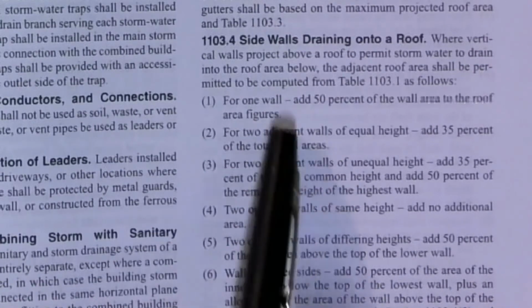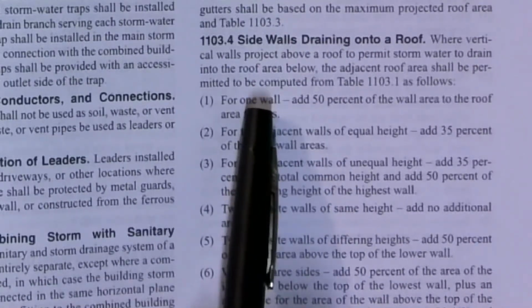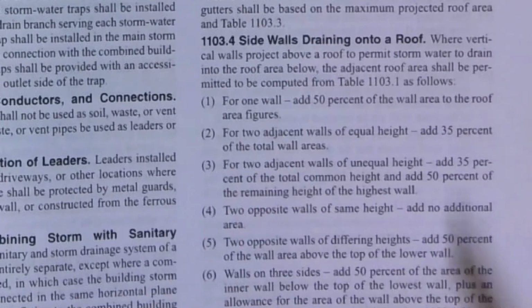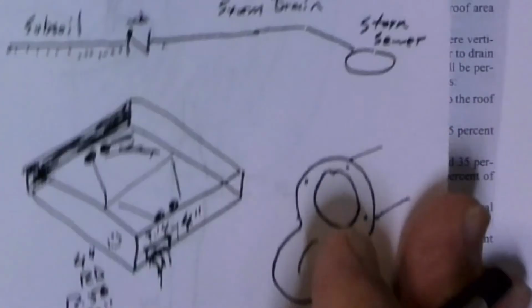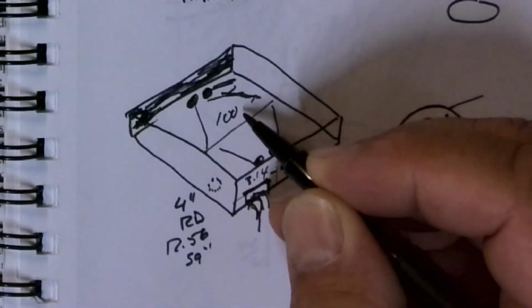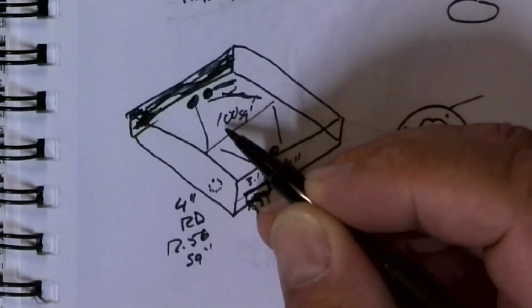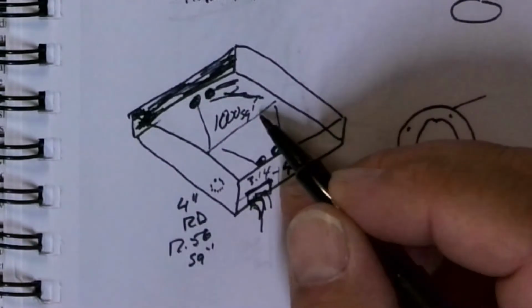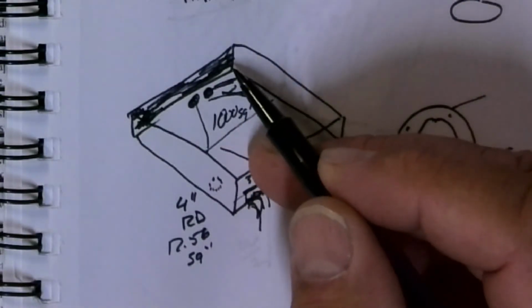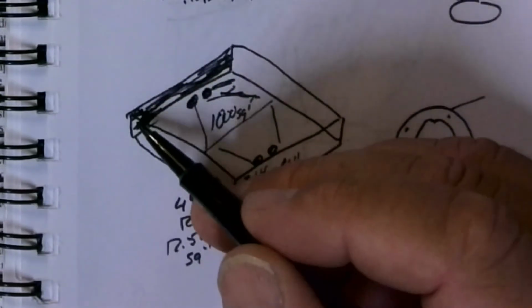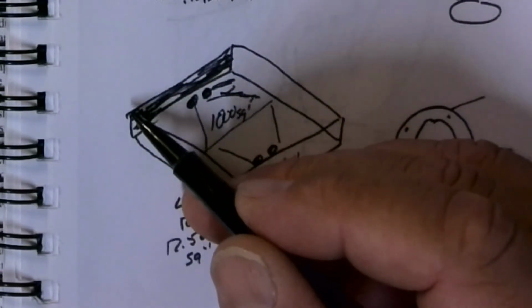This is what we got for one wall. Okay, and that's the one wall I was just showing you. Add 50% of the wall area to the roof area figures. Back to the drawing. Okay, so let's say this is 100 square feet. Let's call it 1,000 square feet. That's a little more realistic. So we have 1,000 square feet here. Let's say this is 100 feet long, right? And 3 feet high.